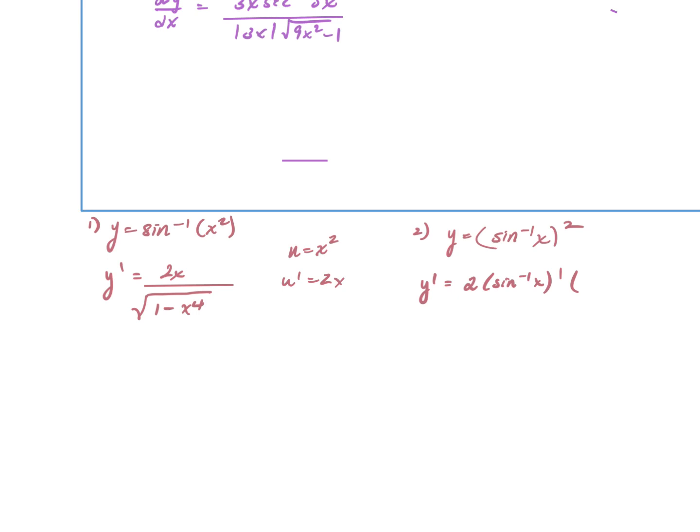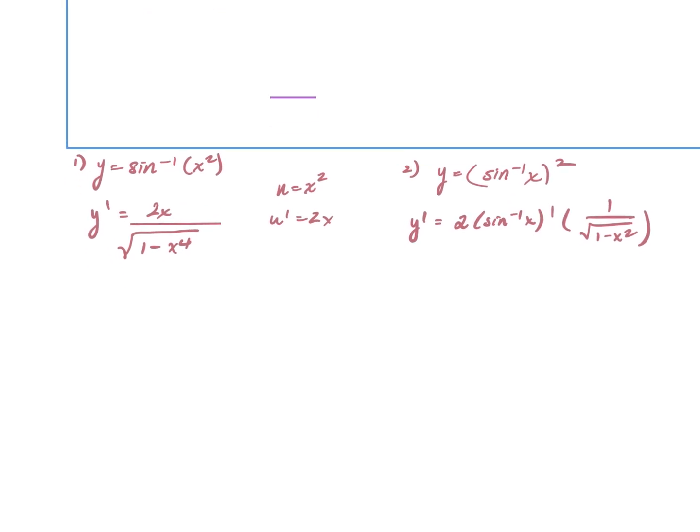Since your u is just your x here, we can simply do 1 over square root of 1 minus x squared. Again, basically your answer, you can put them together. So we'll get 2 arc sine of x, and then all over square root 1 minus x squared.